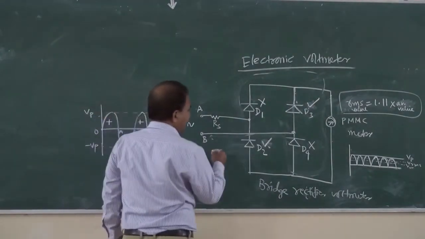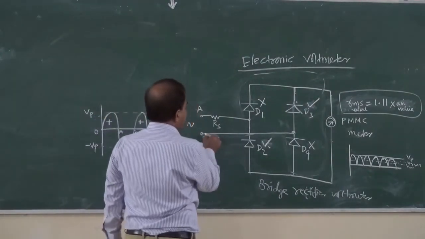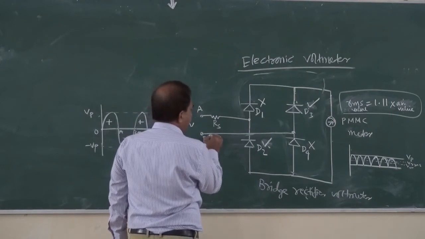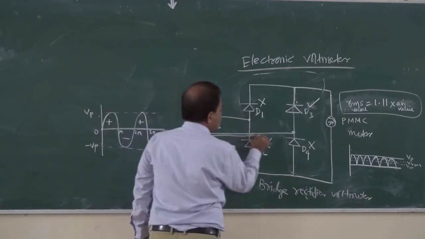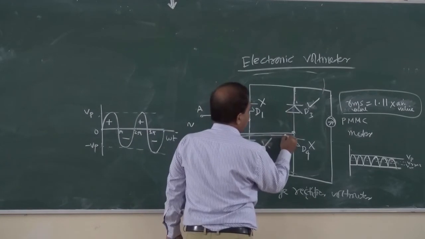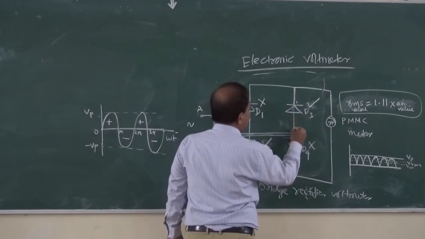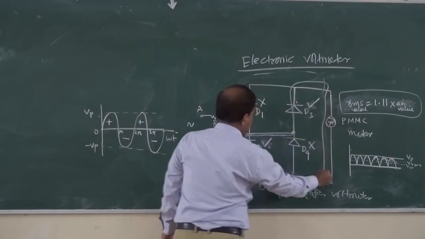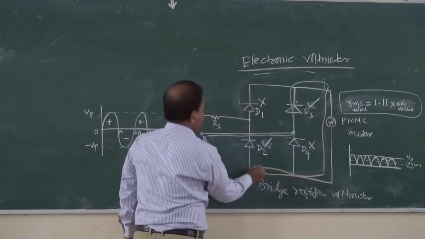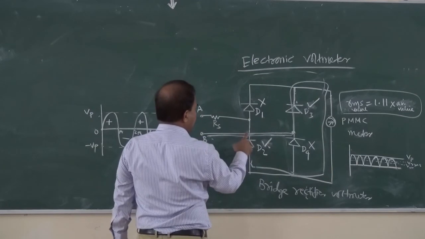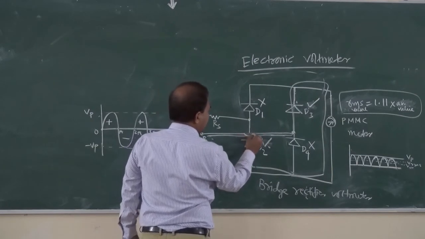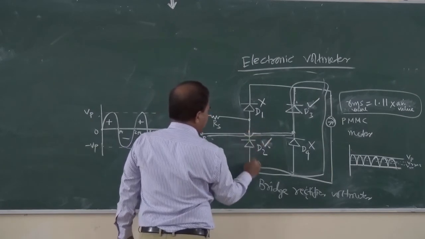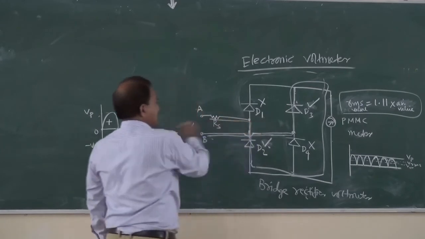The current flow will be like this, from this point this way, and this is not directly connected, it is like this way.